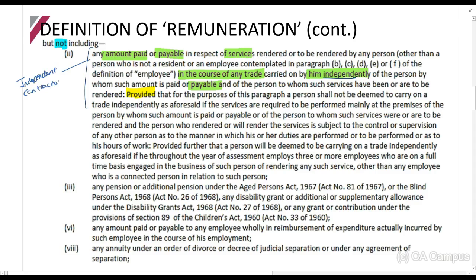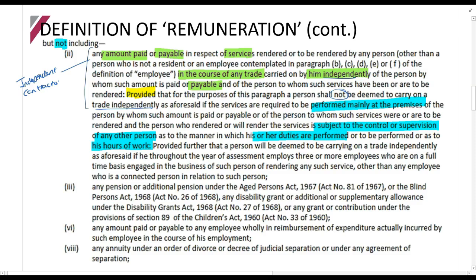Provided that for the purpose of this paragraph, a person shall not be deemed to carry on a trade independently, as aforesaid, if the services are required to be performed mainly at the premises of the person by whom such amount is paid or payable, or if the person to whom such services were or are to be rendered, and the person who rendered or will render the services is subject to the control or supervision of any other person, as to the manner in which his or her duties are performed or to be performed, or as to the hours of work.